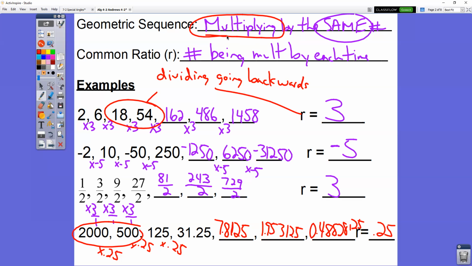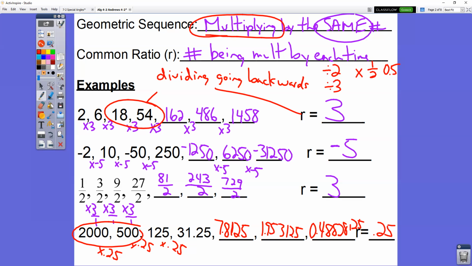Now, if you think that you are dividing by 2 each time, so maybe we started off with 100 and you had a pattern that said 100, then 50, then 25, then 12.5, and so on and so forth, and you thought that you were dividing by 2, dividing by 2 and multiplying by 1/2 or 0.5 is the same exact thing.